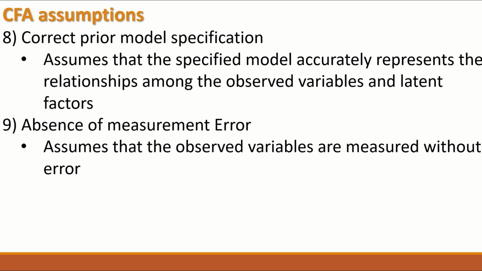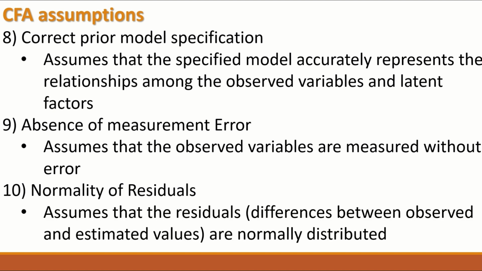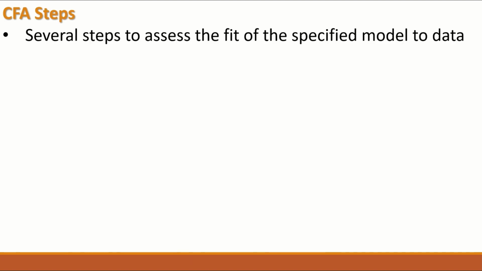The assumption states that the observed variables are measured without error. The 10th assumption is the normality of residuals, that assumes the residuals, which is the difference between observed and estimated values, are normally distributed. And the 11th assumption is the data must come from a random sample.